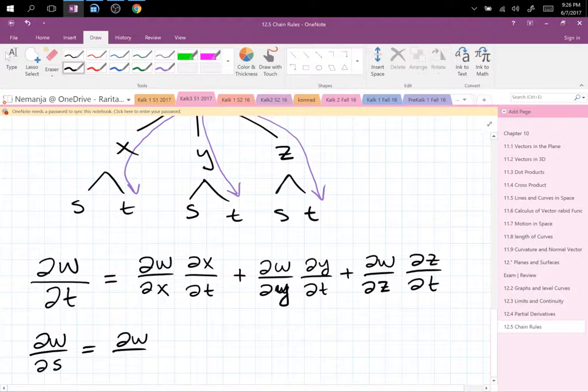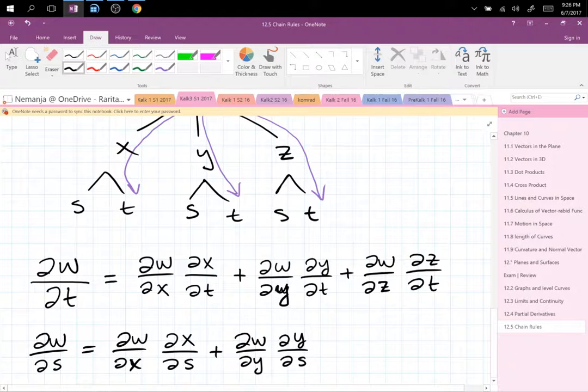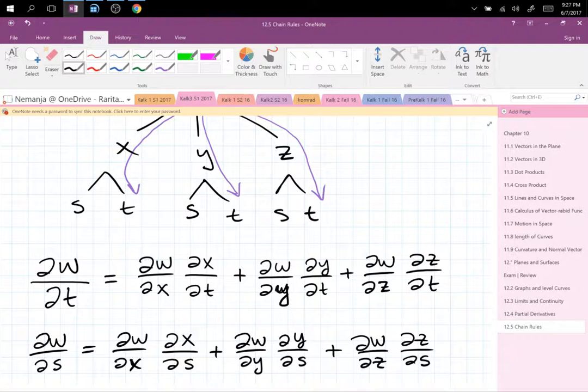So partial w, partial x, partial x, partial s, plus partial w, partial y, partial s, plus partial w, partial z, partial s. And these are the derivatives. Just follow the branch.